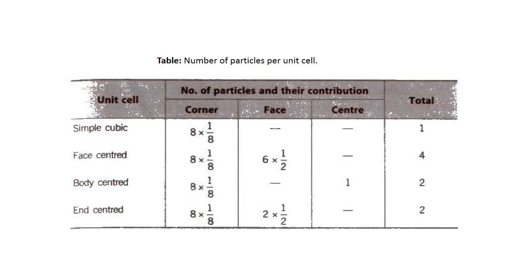In the end-centered unit cell, 1 is from the corners, and we have discussed that end-centered has 2 faces which are shared between 2 further cells. So in this way we have 1 from the faces and 1 from the corners, and ultimately we have 2 total particles in a unit cell.